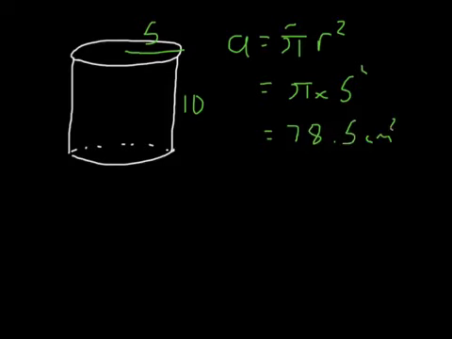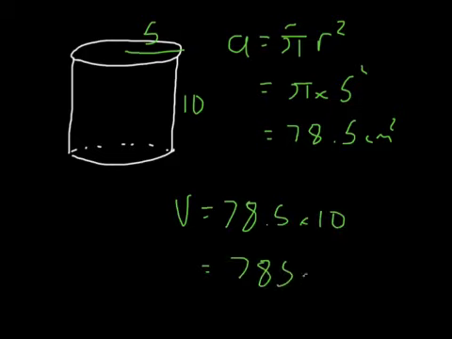That's the surface area of the face, times it by the perpendicular height. So the volume equals 78.5 times 10, and that equals 785 centimeters cubed.